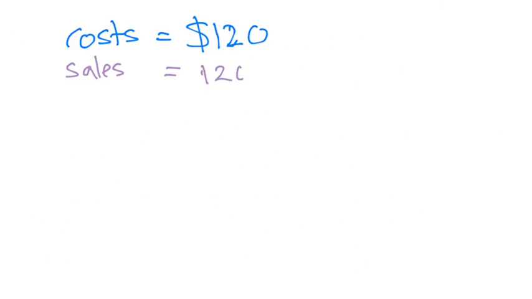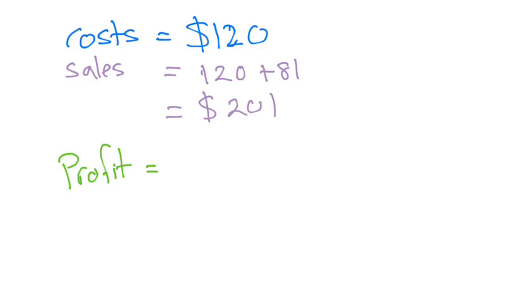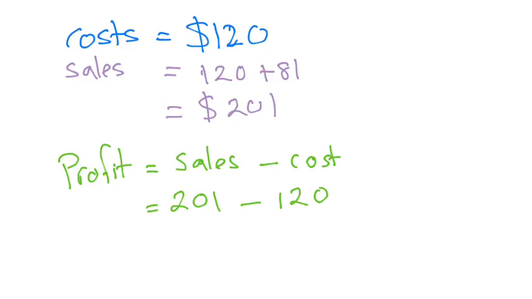So $120 plus the $81 would give her $201. So now we just need to combine this together and say, right, well, her profit is the same as her sales or income minus the cost. So if I do $201 minus the $120, that means she made a profit of $81.